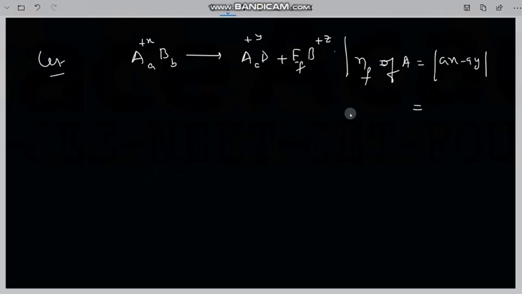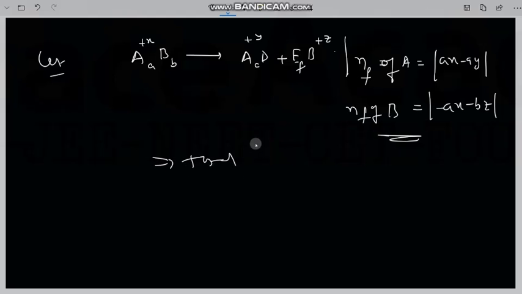If you want to find the n factor of B, in this case, it is equal to B times the modulus of X minus Z, the formula given for such types of salts. Then if you want to find the total n factor of the salt, which is AaBb, you add both these values.